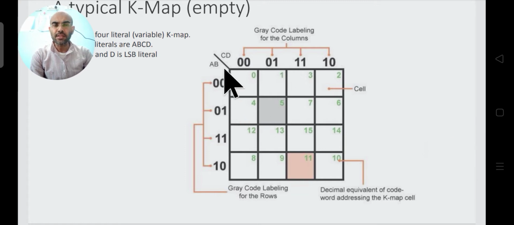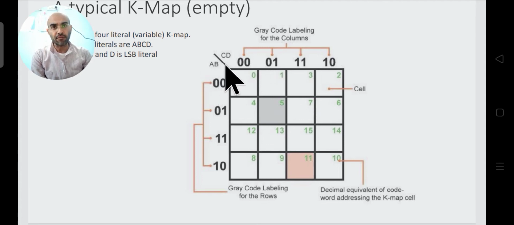This is the structure of the K-map, but you can consider starting the min term from here or from here. I usually prefer it from here because I have practiced it for a very long time and I am very comfortable with it. But it is your choice. If you make it the other way, I have to be a little cautious, otherwise I may make mistakes. So it is your choice, whichever way you are comfortable.